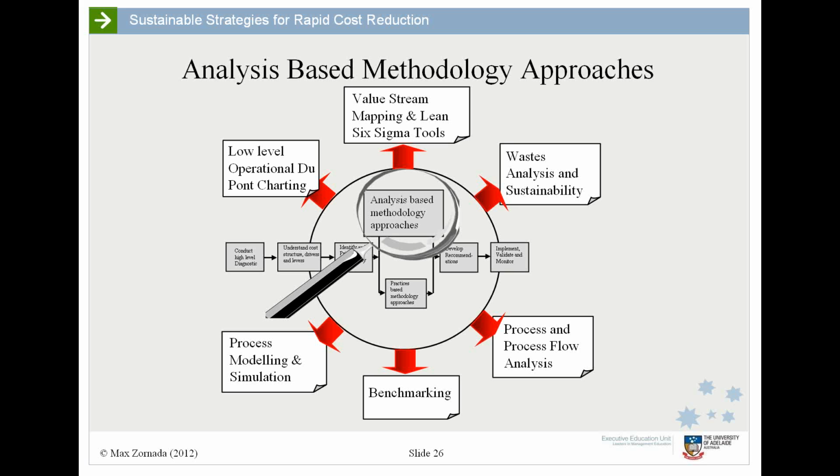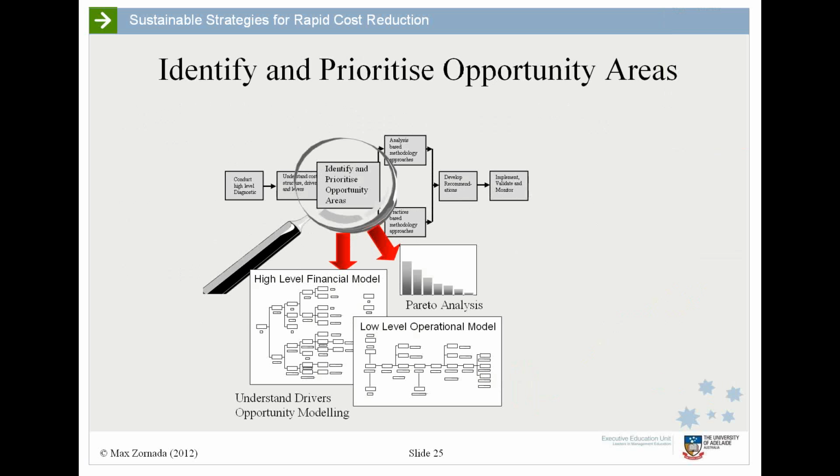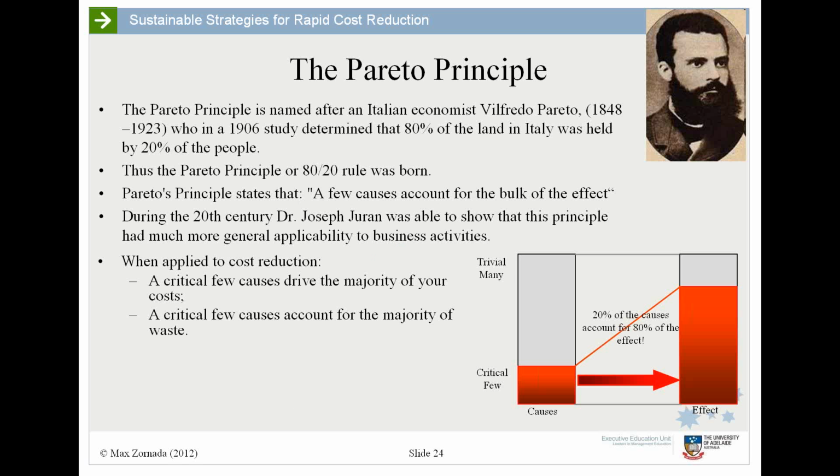One of the simplest is in fact to adapt the operational level DuPont chart, which is the tool we use back here to do both our high-level financial models and our low-level operational models. Quite often, just getting the information out there in this form and seeing all the linkages and understanding the drivers gives you insights into fairly simple changes that can be made that significantly reduce the cost structure without compromising outcomes.